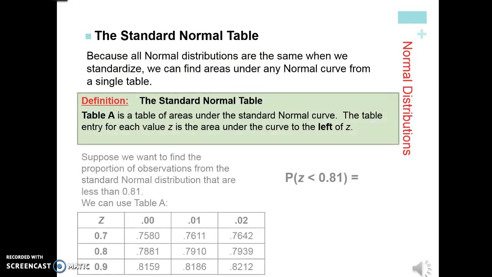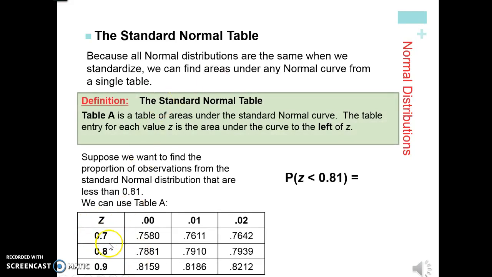Table A is in your notes. However, I would use your graphing calculator. It gives areas under the standard normal curve. The table entry for each z value is the area under the curve to the left of z. Just keep that in mind, and even with your graphing calculator, it's always the area to the left.